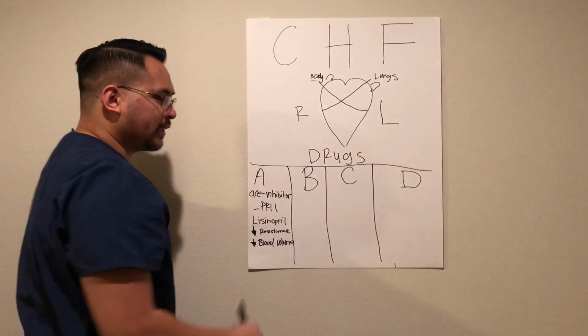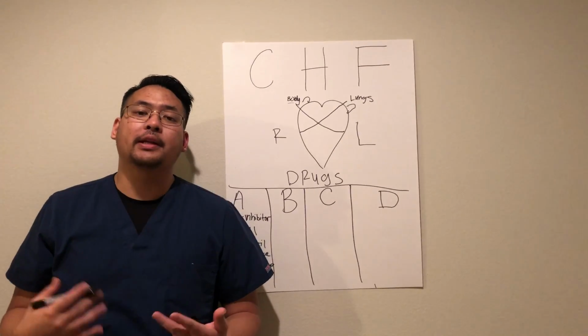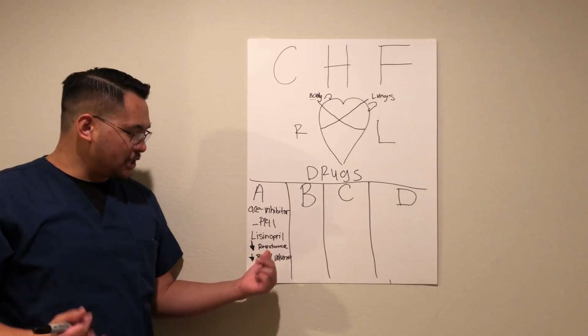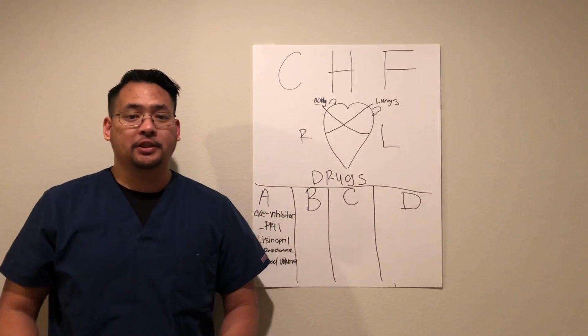So peripheral resistance, lisinopril is actually known to be a hypertensive medication. So it helps reduce hypertension and it reduces the blood volume for the heart to pump efficiently.